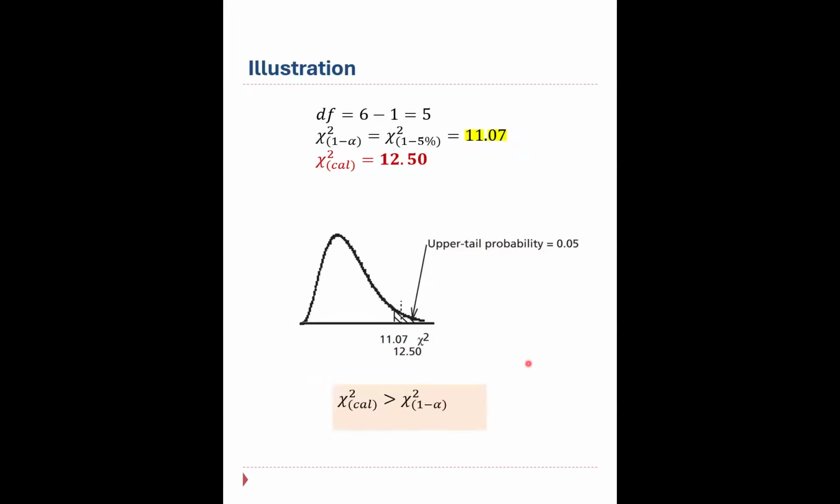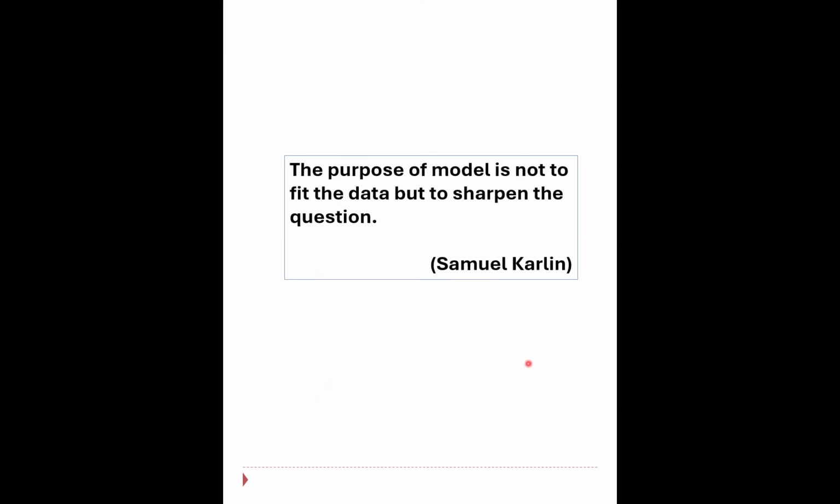So I close this discussion with the quotation by the honorable statistician Samuel Carlin, that the purpose of a model is not to fit the data, but to sharpen the question, that it guides you to a new horizon and a new way of looking at the problem.